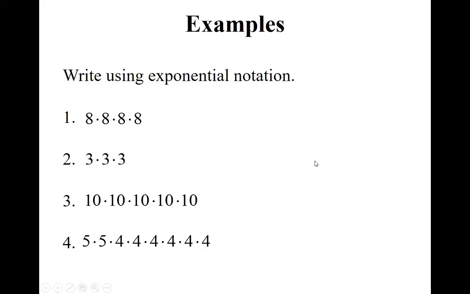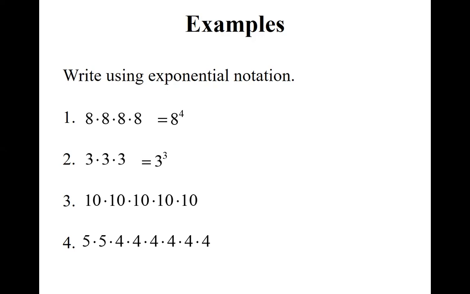We want to write these expressions using exponential notation. So in number 1, there are 4 factors of 8. That would be 8 to the 4th power. In number 2, there's 3 factors of 3. That's 3 to the 3rd power. Illuminating, isn't it?